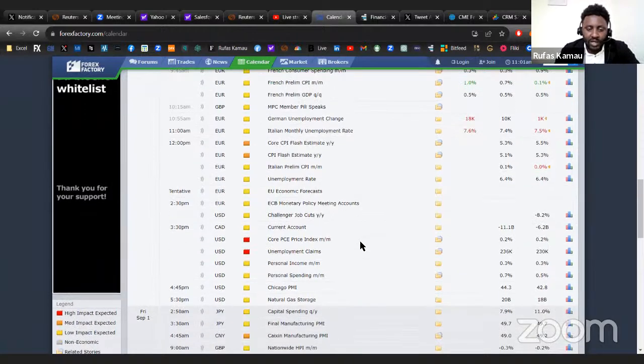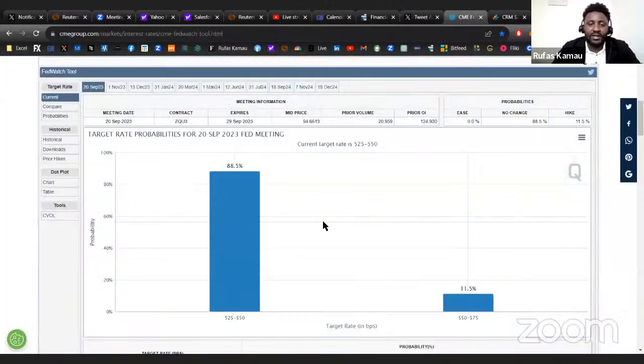The most important data points for the day are the core PCE price index and, of course, the unemployment claims from the US. Knowing that, we also know that the CME Fed funds futures have been pricing in a high likelihood of the Fed holding rates steady and a smaller likelihood of the Fed hiking interest rates. As early as Monday, early this week, this likelihood was at 21.5%.